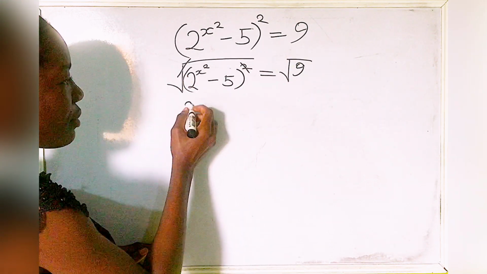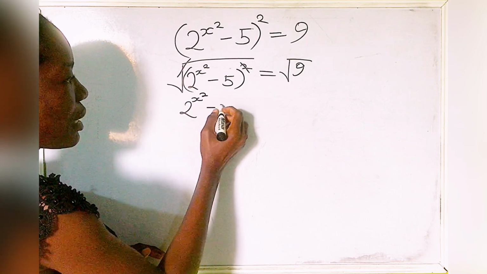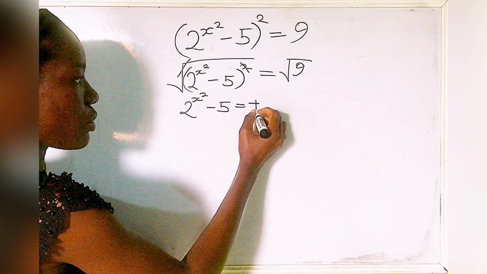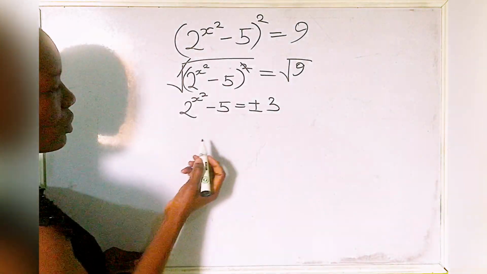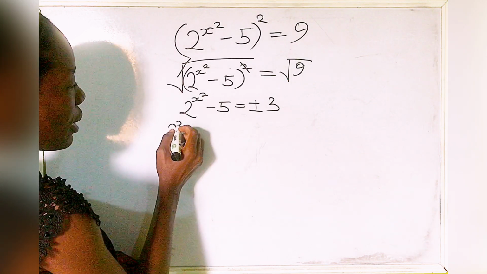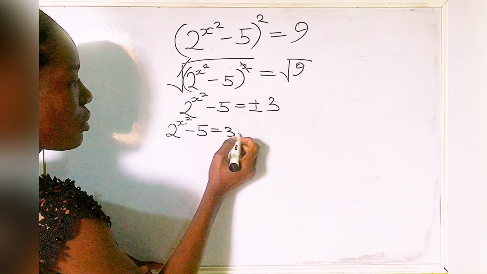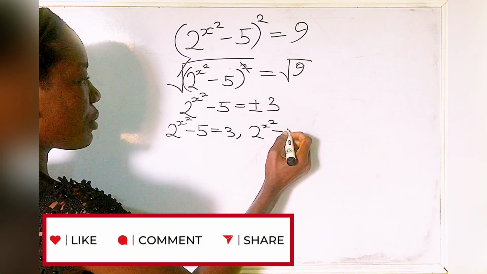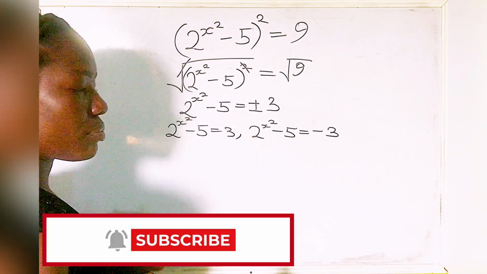Now we have 2^(x squared) minus 5 is equal to square root of 9, which is plus or minus 3. Okay, now we have 2^(x squared) minus 5 is equal to 3, or 2^(x squared) minus 5 is equal to minus 3.